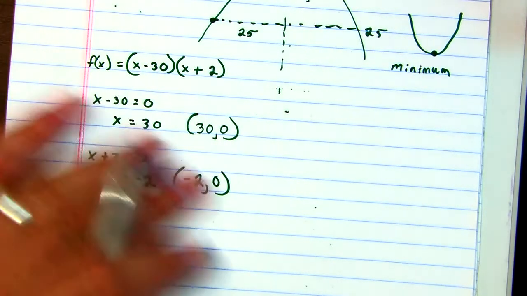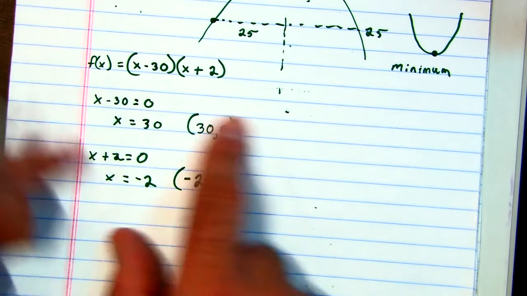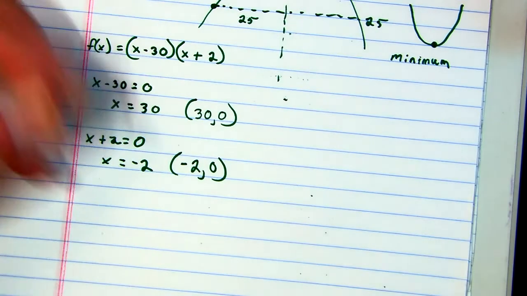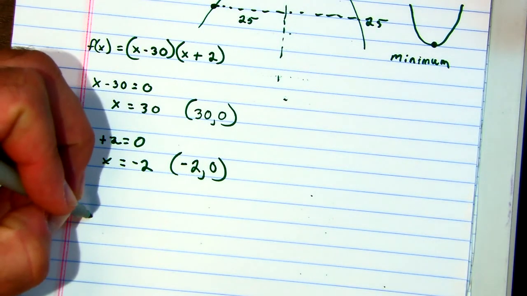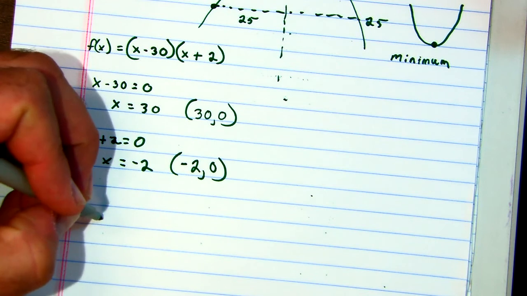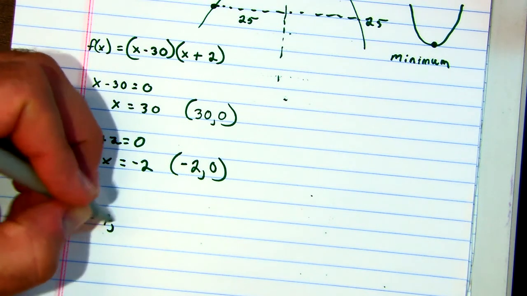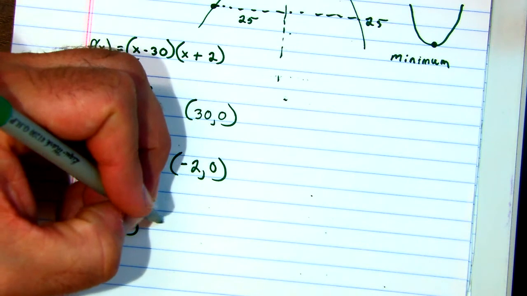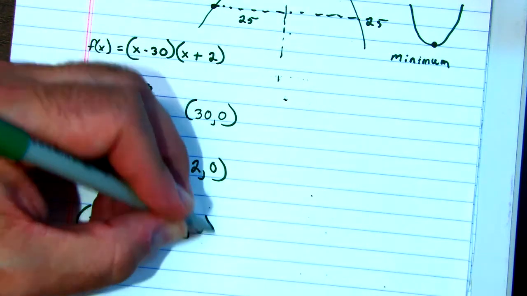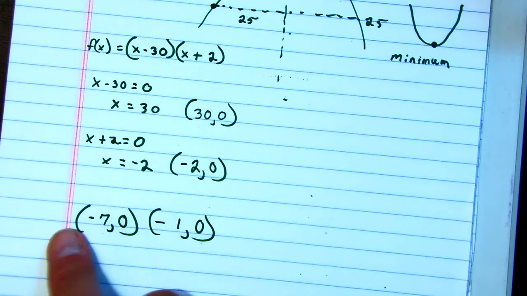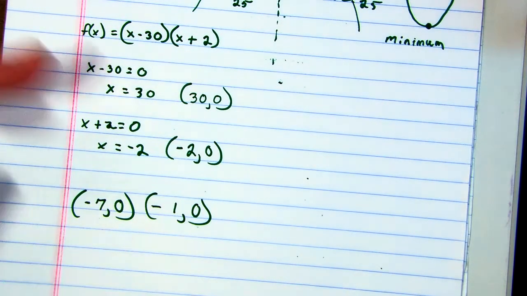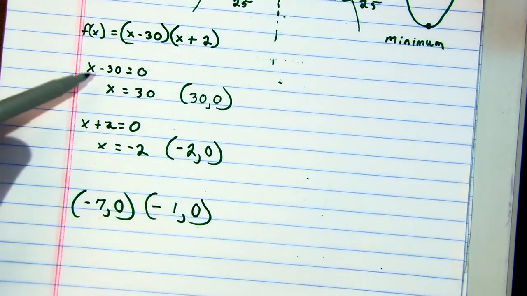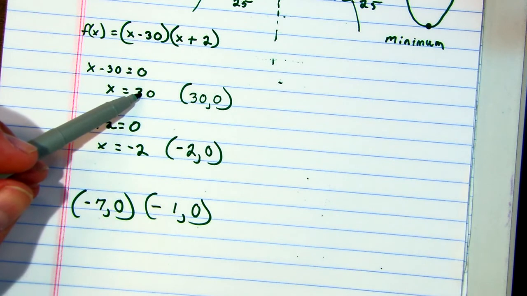All right, so understanding how we find the zeros and then being able to work backwards. So let's pretend I gave you the x-intercepts, and I said it was negative 7, 0, and negative 1, 0. Okay, so here are my x-intercepts. If I wanted you to write that in factored form, hopefully you understood that these turned opposite. Started as negative 30, became positive 30.